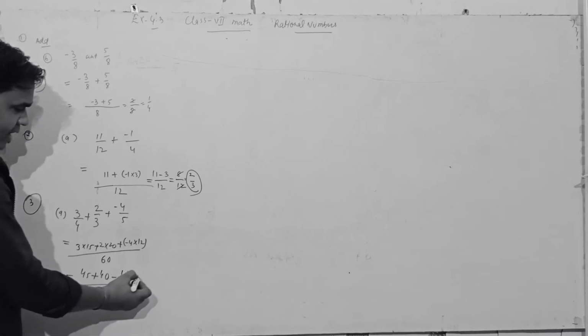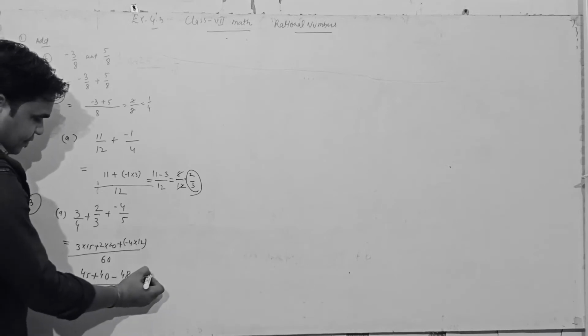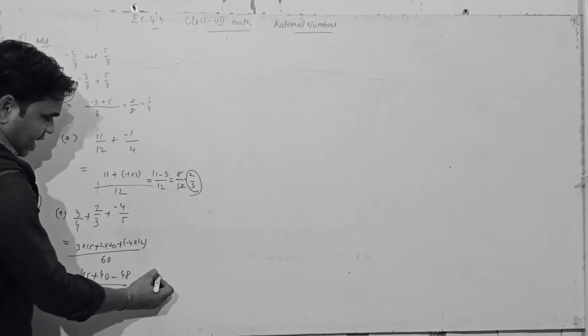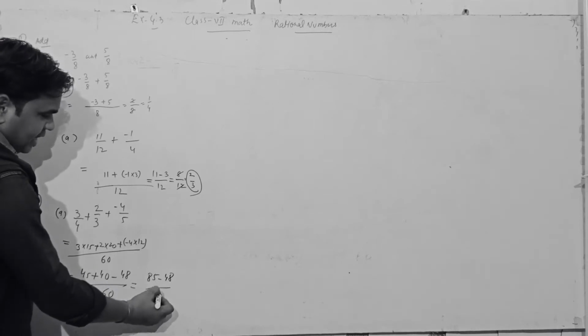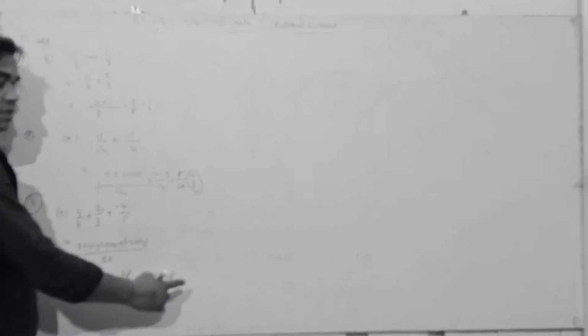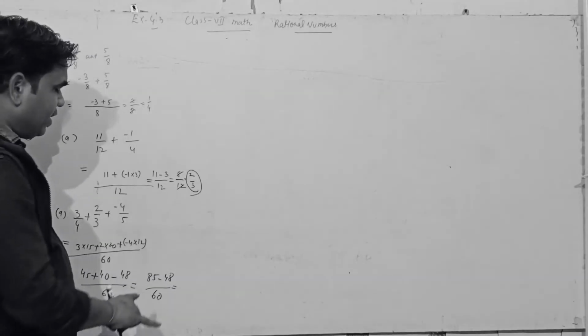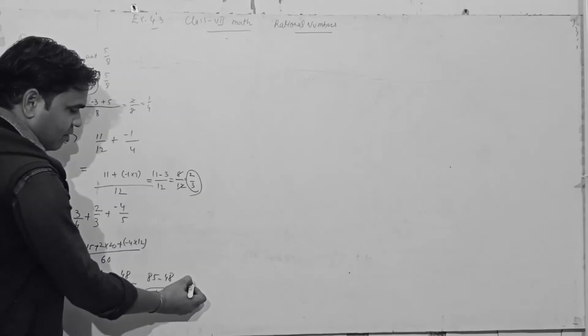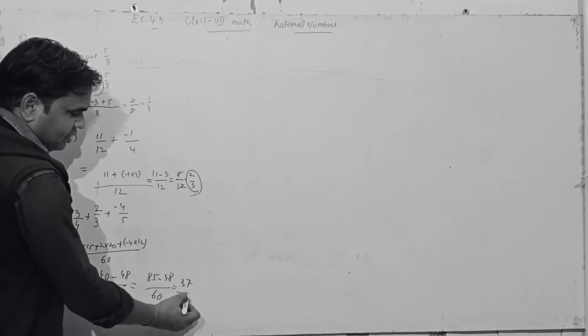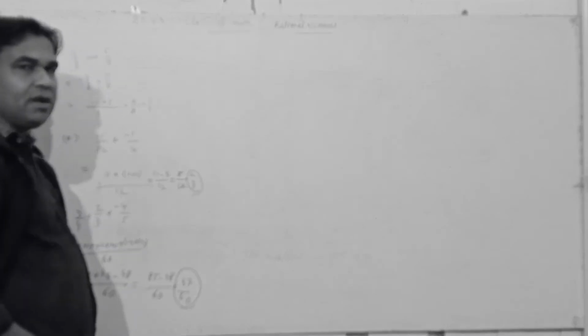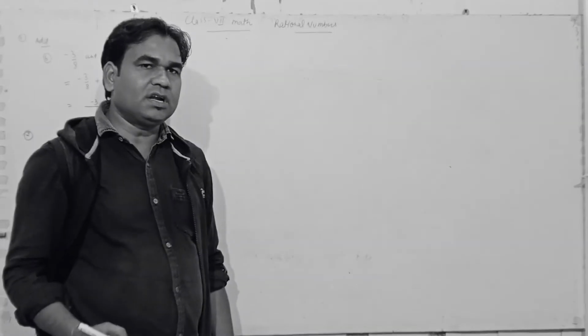So here we get 85 minus 48 over 60, and subtracting from 85 we get 37 over 60. So 37 over 60 is the answer.